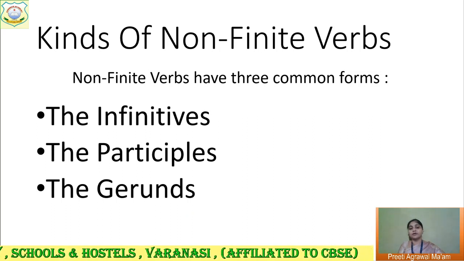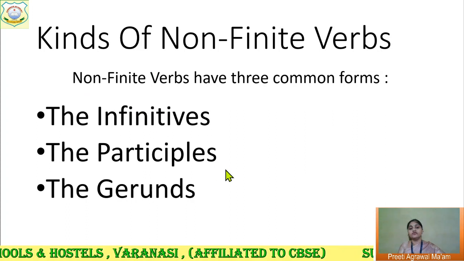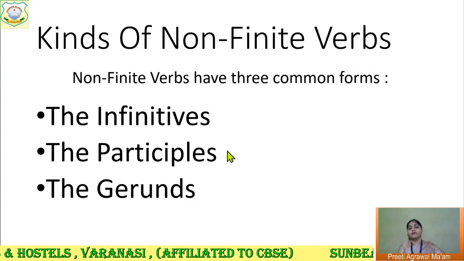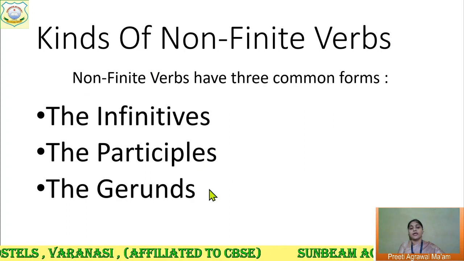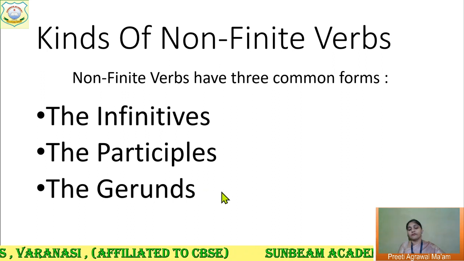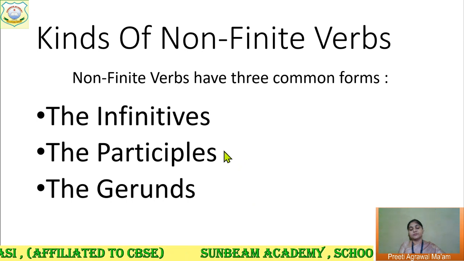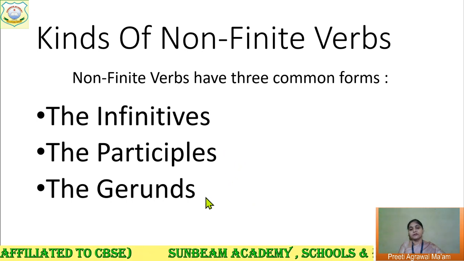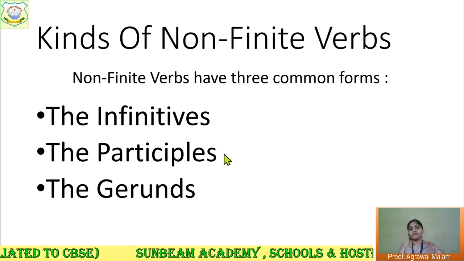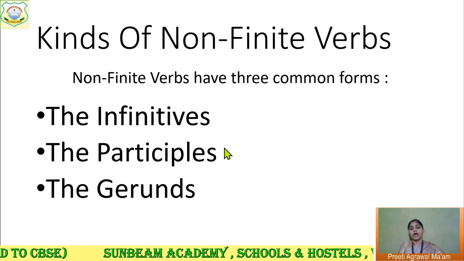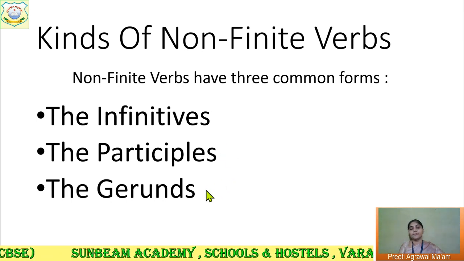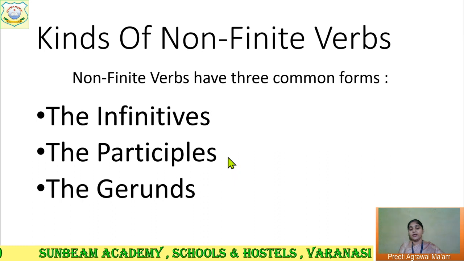Because in the present participle I have told you that we use V1 plus ing, and in the gerund also I have told you V1 plus ing. So participle and gerund may confuse you. How will you identify them? You can identify in this way.